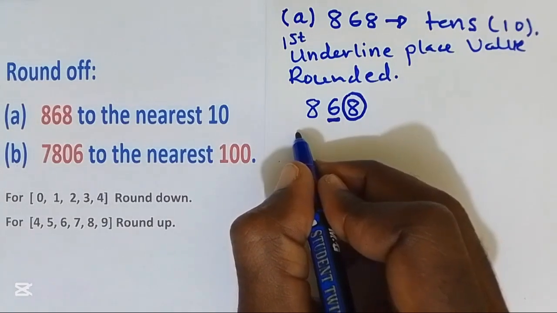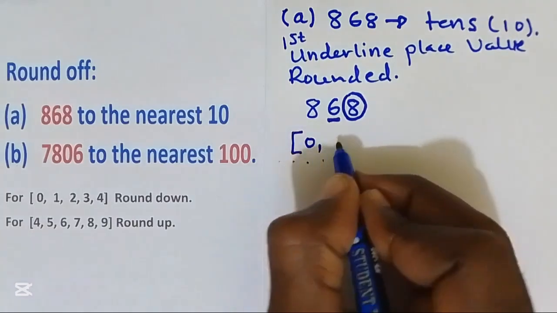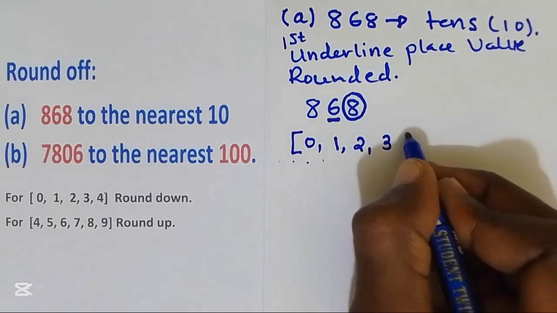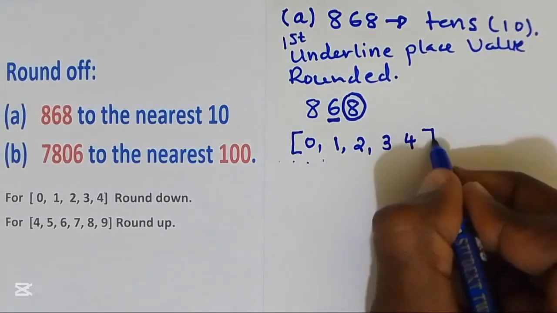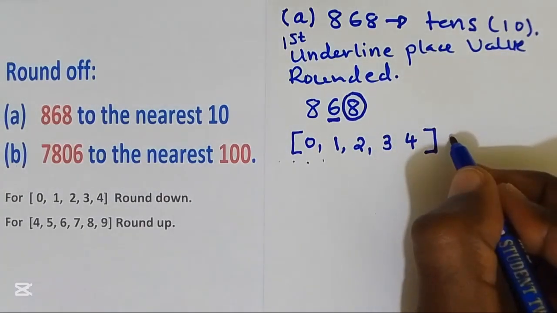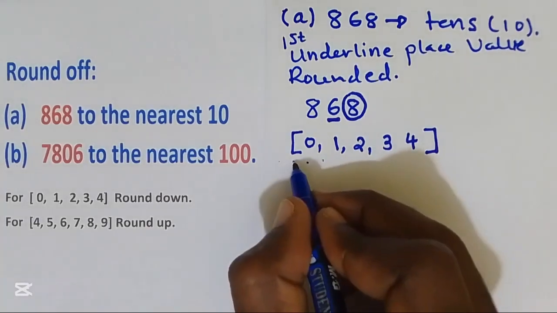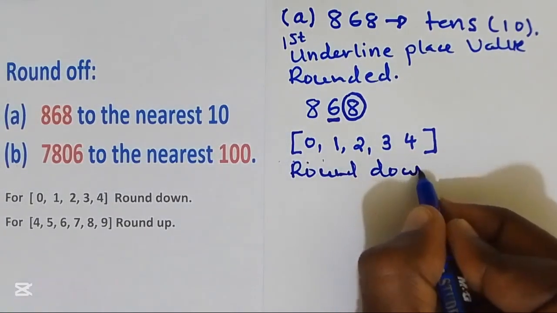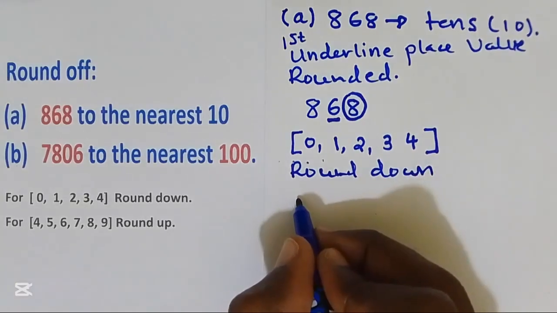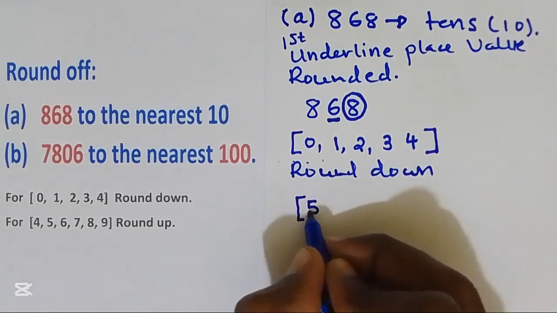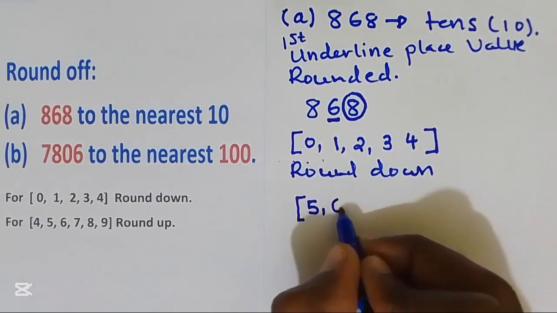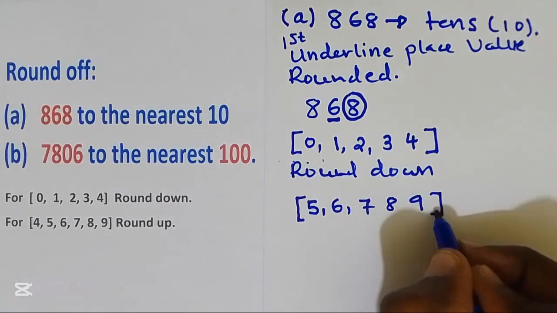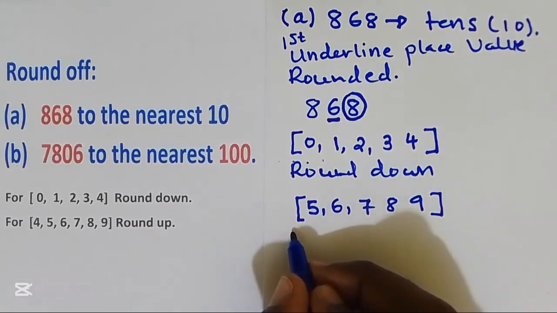and for digits 0, 1, 2, 3, 4, we round down, but for digits 5, 6, 7, 8, and 9, we round up.